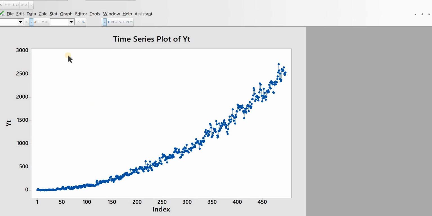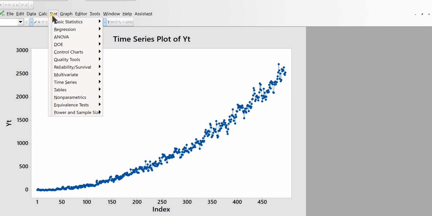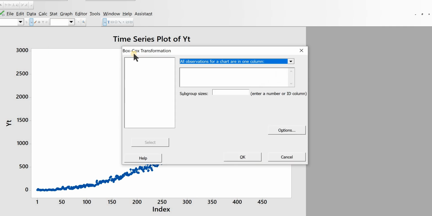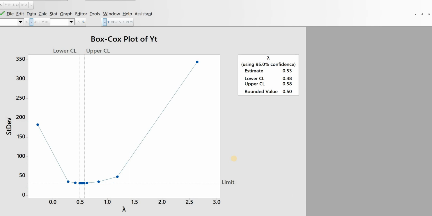So let's check by using the box plots. This is how we check the variance. This is the output for the box plot. So we can check whether the lower and upper bound of the lambda estimated include the value of 1.